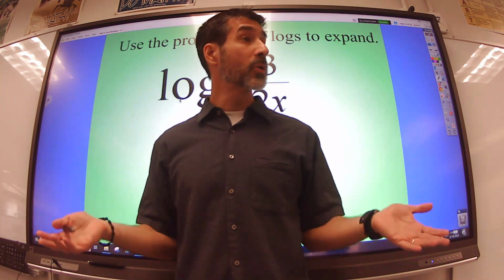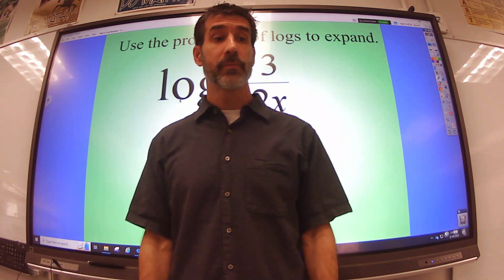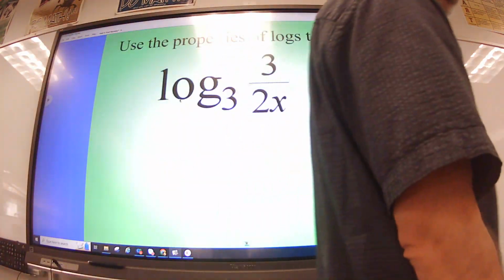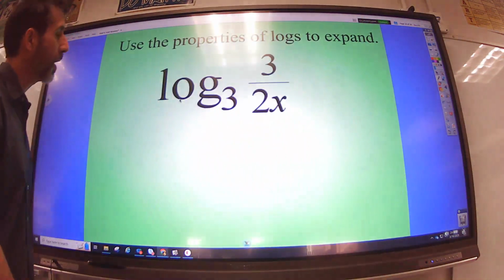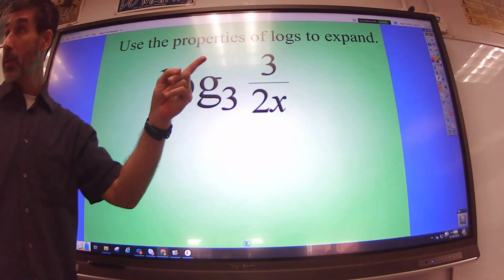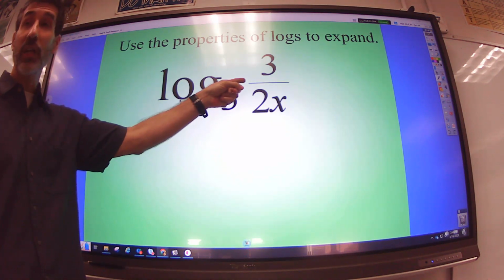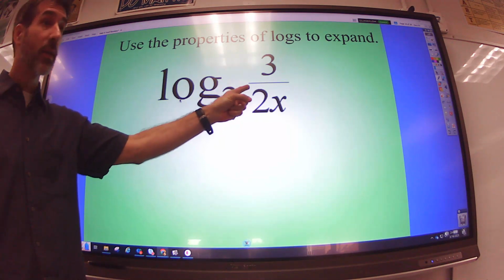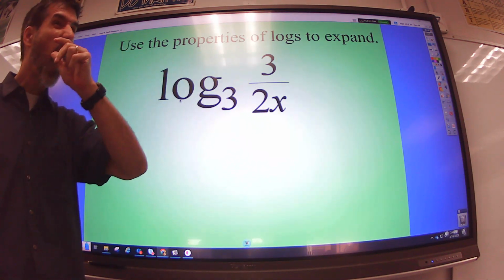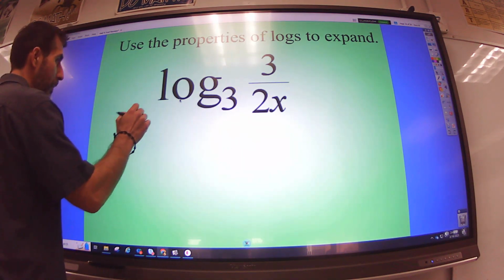The quotient property is with division. What does this fraction bar mean? Division. And I also have 2x, which is multiplication. So let's do it one at a time. Using the quotient property, log base 3 of 3 divided by 2x is log base 3 of 3, add or subtract? Subtract log base 3 of 2x.